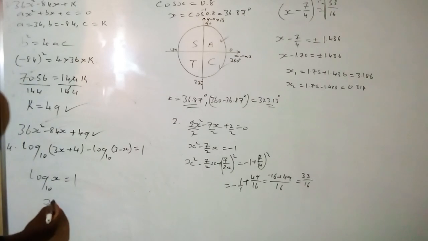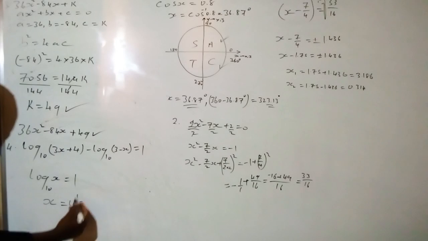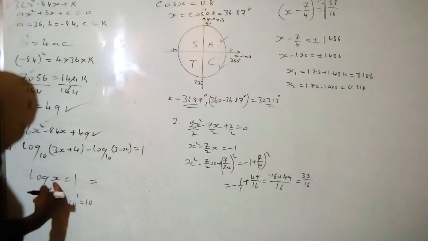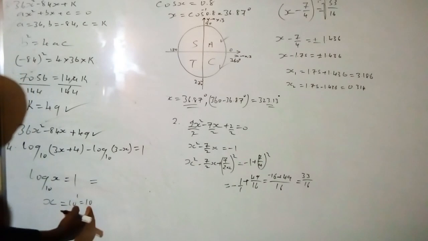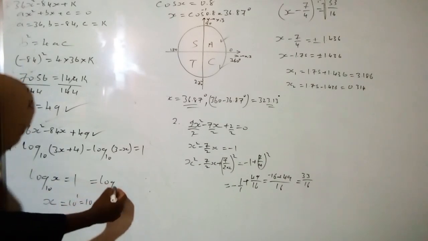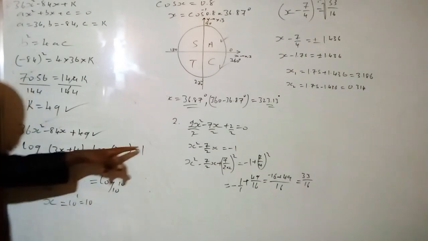This 10 goes to the right and occupies the space of 1, and 1 becomes the power. 10 raised to 1 is equal to 10. So x will be 10, and you have log base 10 of 10. So here we have 1, you replace it with log base 10 of 10.